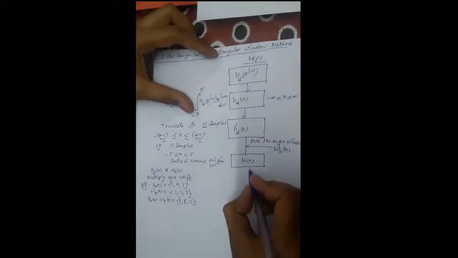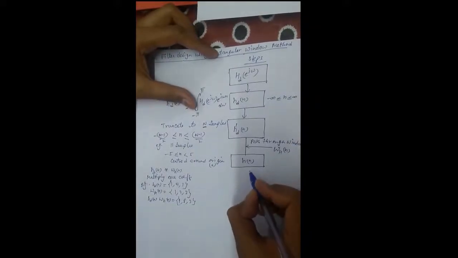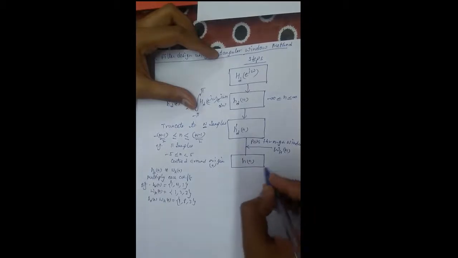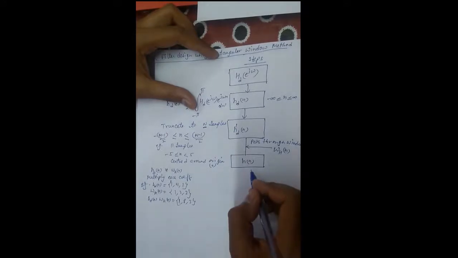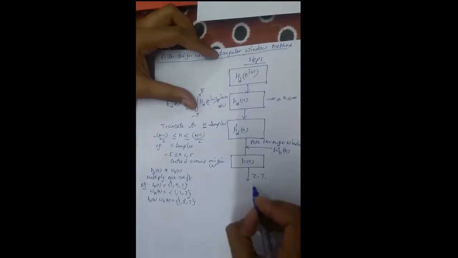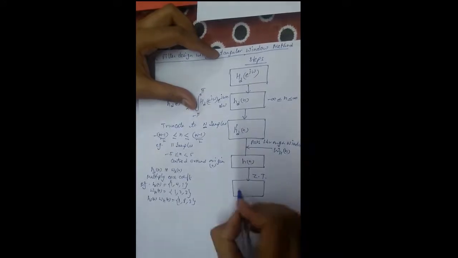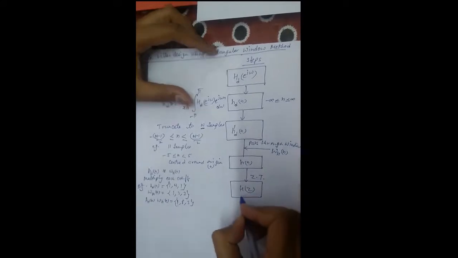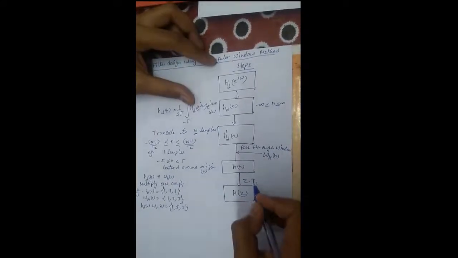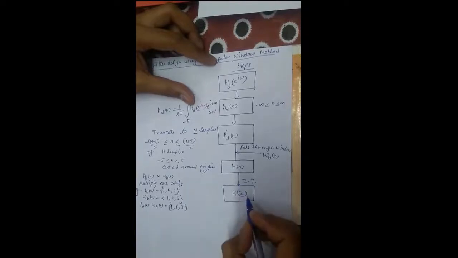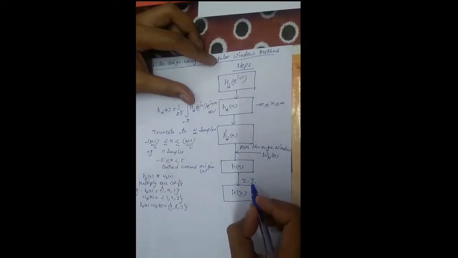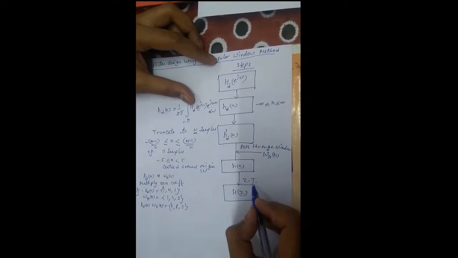Next step, after passing through the window, now we have h[n]. This is discrete with a finite number of samples, obviously 11 samples taken in this example. Then we apply the Z transform of this h[n]. The Z transform is again a very simple procedure.